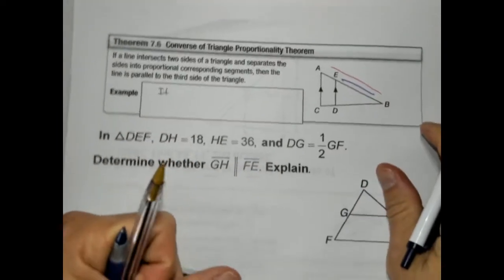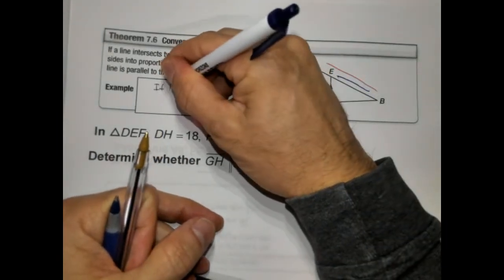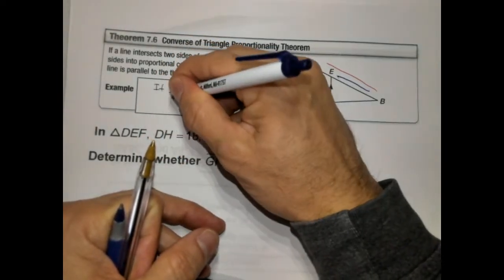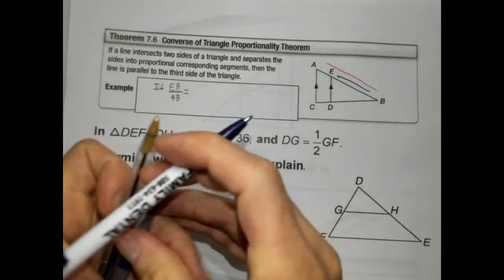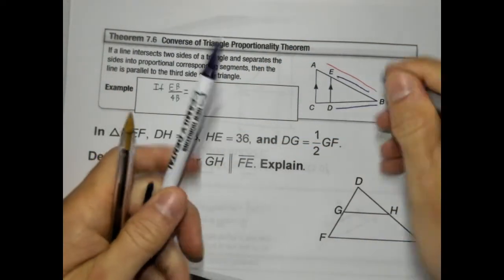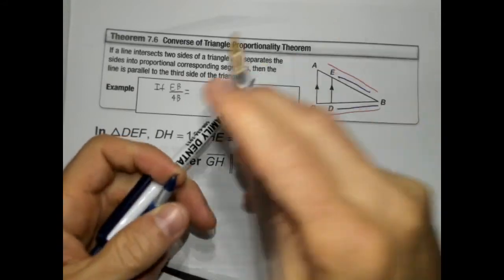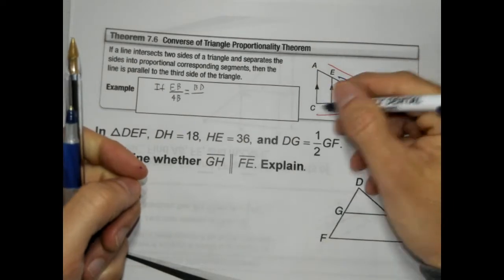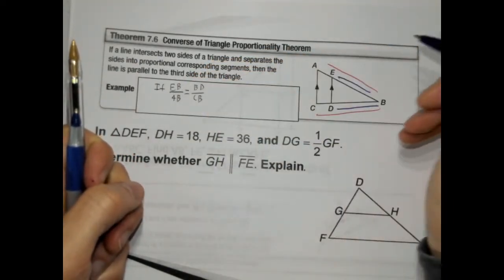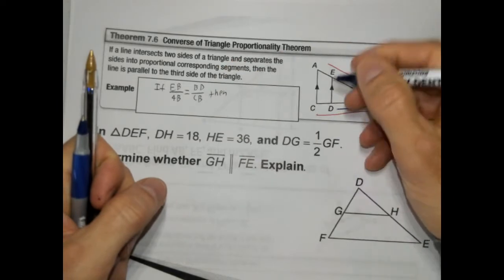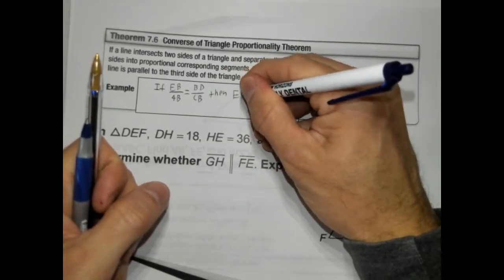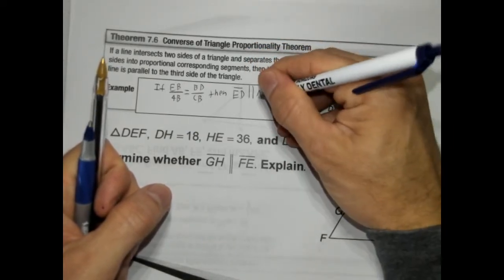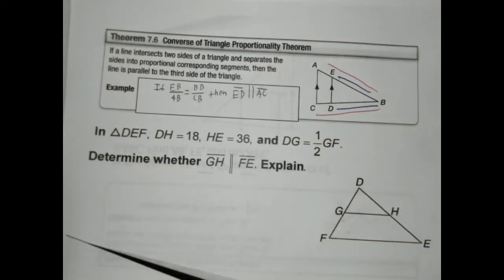So if, let's say, EB over AB is equal to, we'll do the other ones here, blue over red, BD over BC, then that means these are parallel. So ED is parallel to AC. Okay, that's what that means.